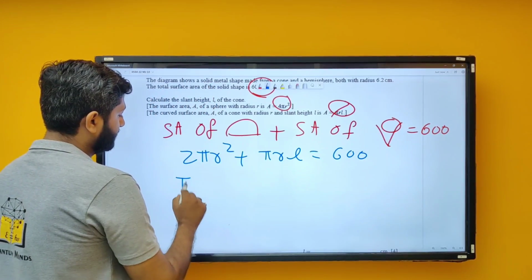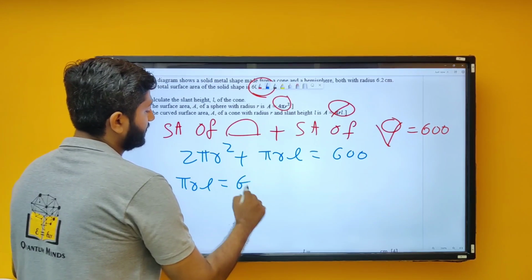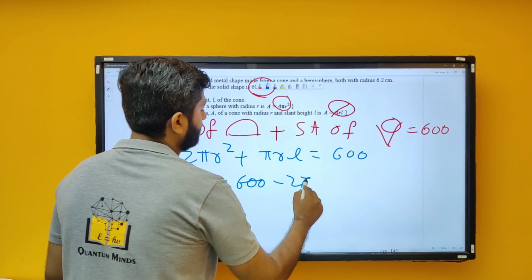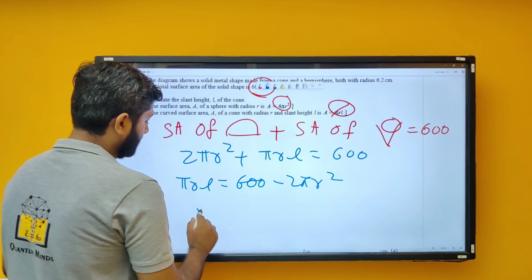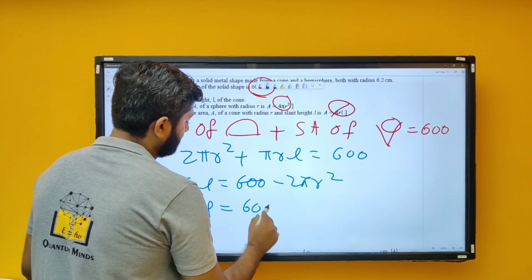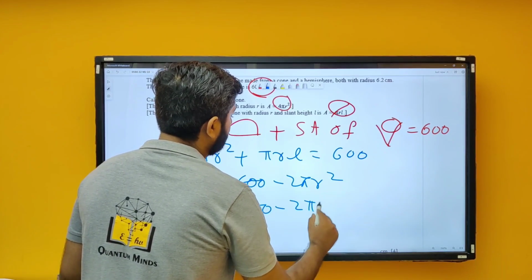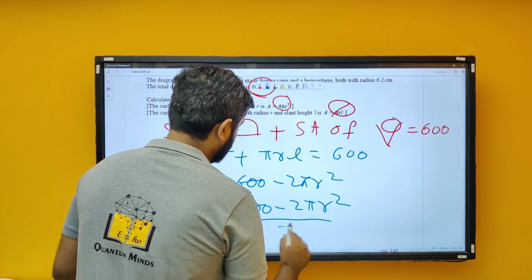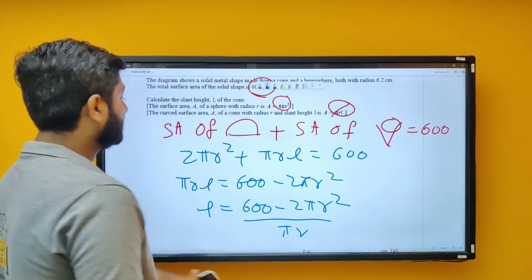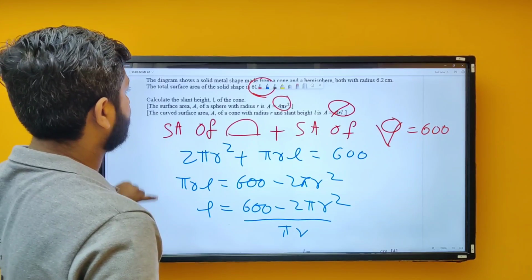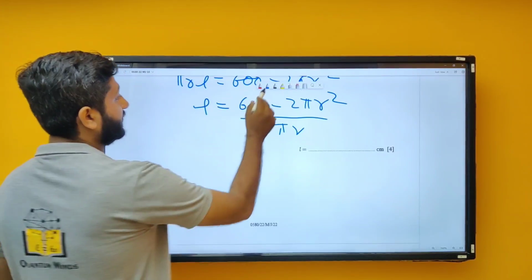So pi r L equals 600 minus 2 pi r square. So L is 600 minus 2 pi r square upon pi r. And the radius is 6.2.